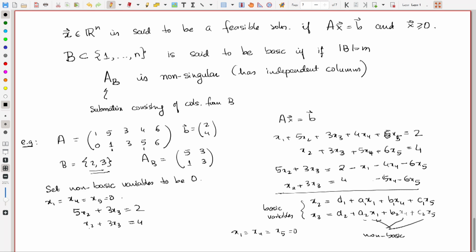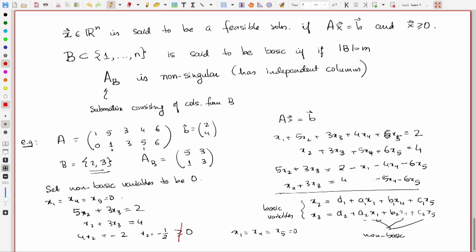Now, I can easily eliminate x 3 from this by taking the difference. So, I get 4 x 2 is equal to minus 2, right. So, x 2 is equal to minus half. This is not good because I wanted all the variables to be non negative, right.